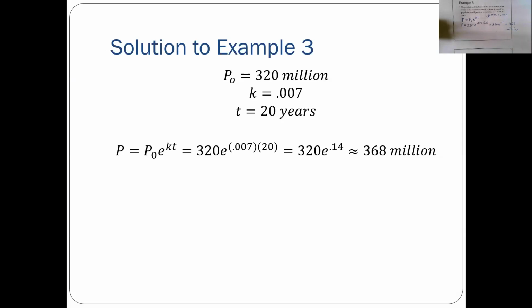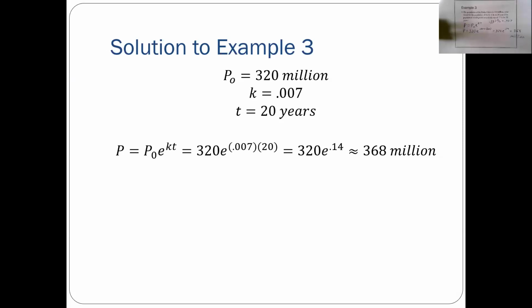Now the value for e to the 0.14, you can do it on your calculator, it's about 1.1502, and if you times that by 320, that's how I get 368. I kind of let that step out. Okay, so that's an example of an exponential growth model.